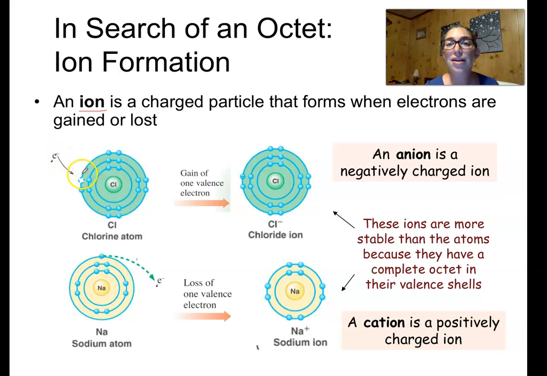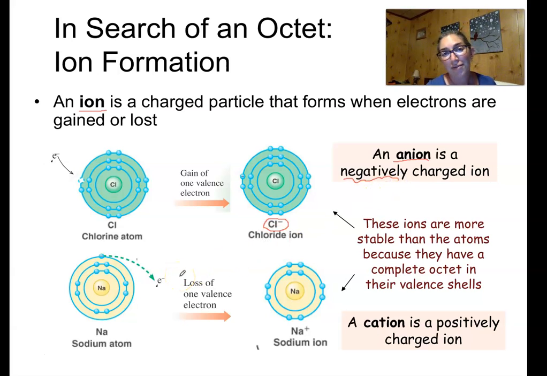It gains an electron, and it gains a -1 charge. So chloride ion has a -1 charge. We call negative ions anions, a word for all negatively charged ions.